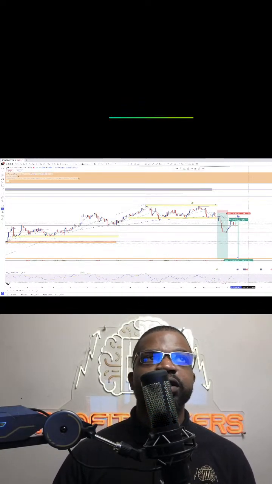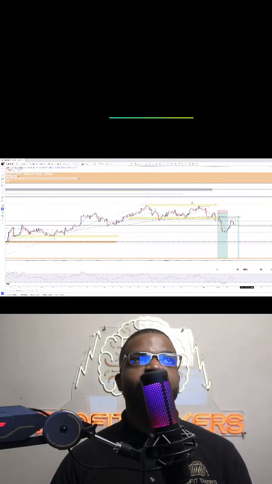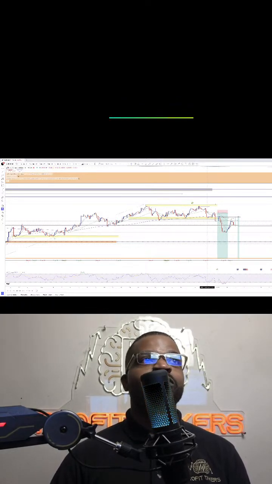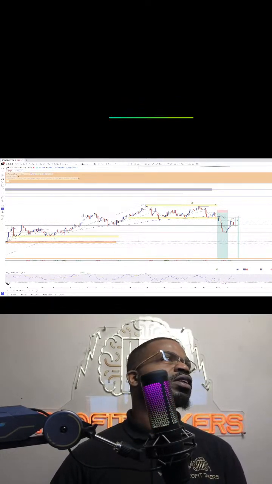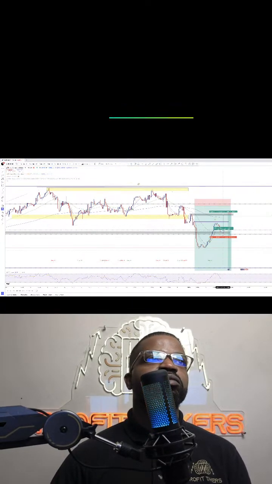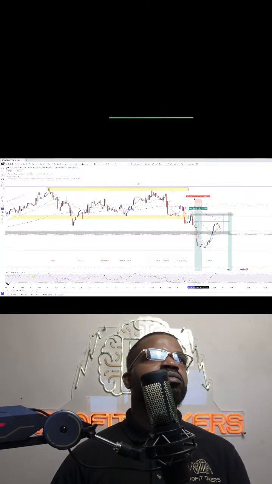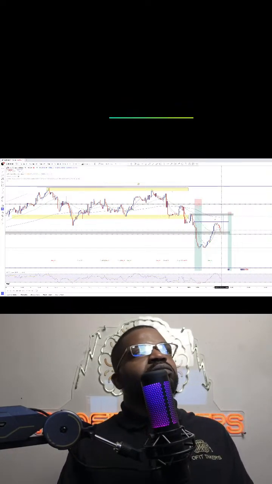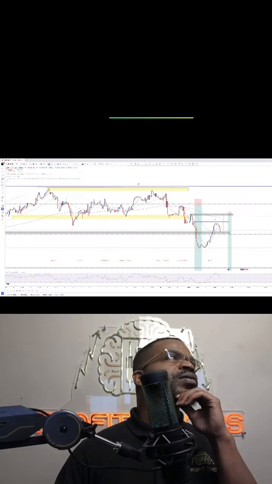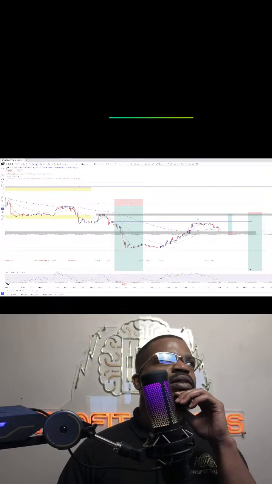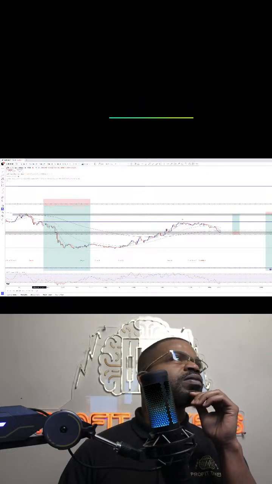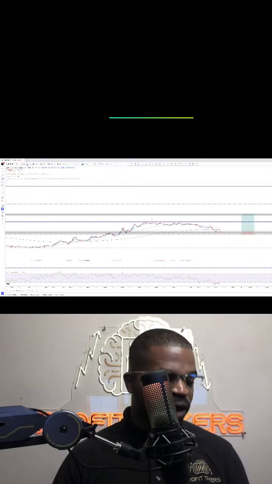If it starts winning, I'll just find the areas where we could possibly get a pullback, and I'll add to that position. I'll have a buy and a sell open on the same position. Yeah, it's a great area.